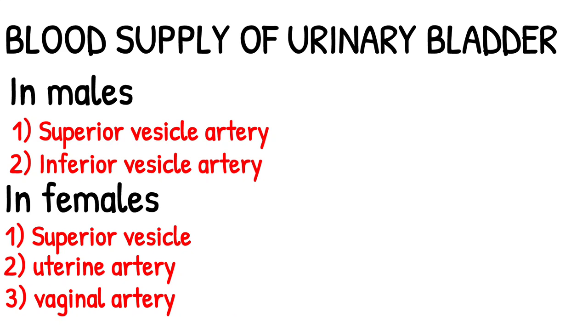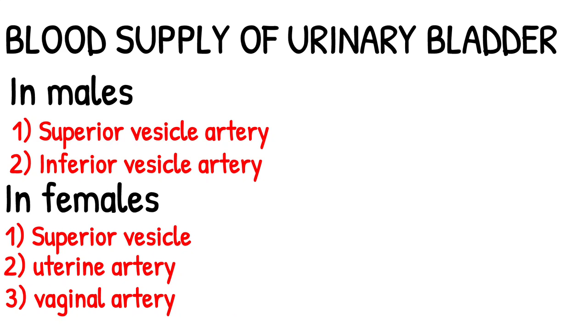Now coming to a very important point, the blood supply of the urinary bladder. The urinary bladder has different blood supplies in males and in females. In males it is supplied by the superior and inferior vesical arteries, which are branches of the anterior trunk of the internal iliac artery. The internal iliac artery is a branch of the abdominal aorta.